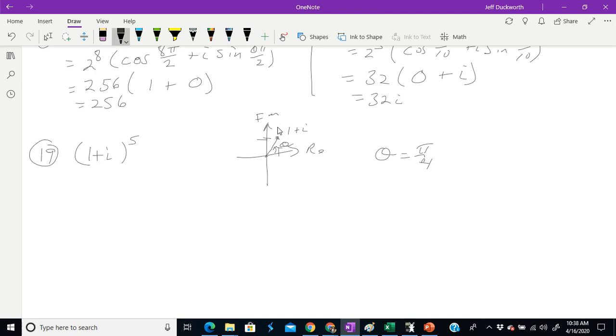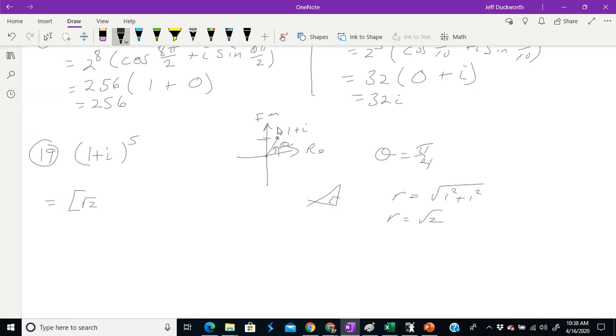And again, I did this as an example in a previous video. At pi by 4, cosine is going to be root 2 over 2. But specifically, we have r equals the square root of 1 squared plus 1 squared, so r equals root 2.